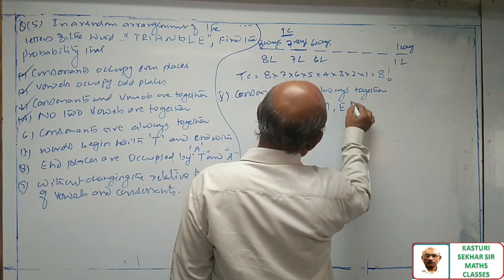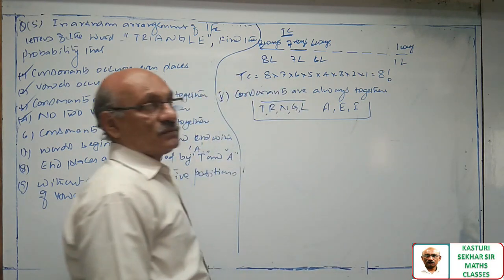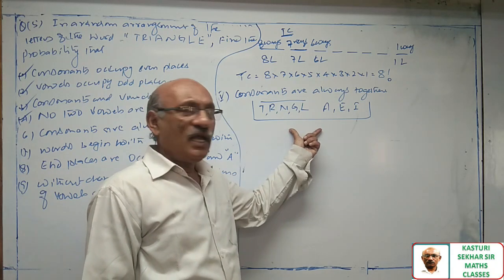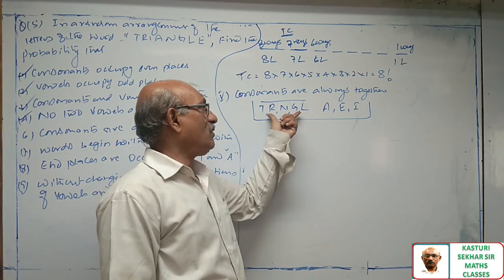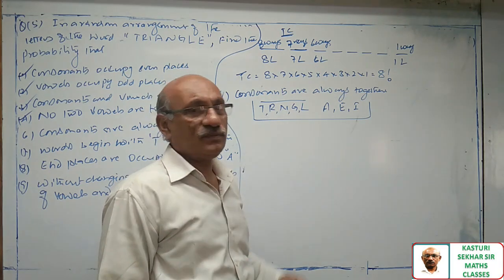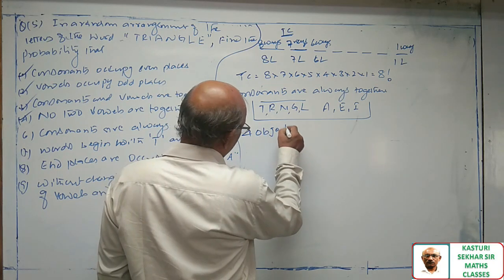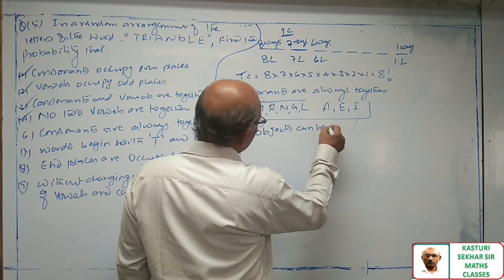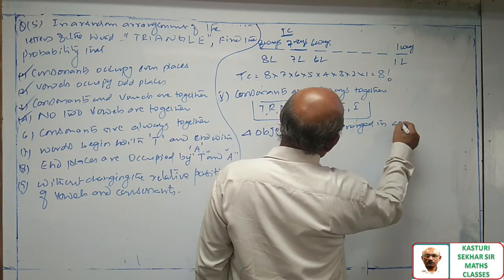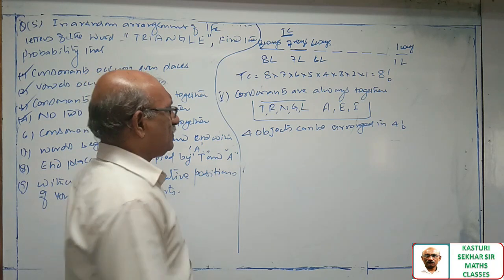Then you write vowels. Use 2 brackets, sir. Look at the question from square brackets point of view. Inside the square brackets, you have consonants as 1 unit and 3 vowels. So 4 objects can be arranged in 4 factorial ways.